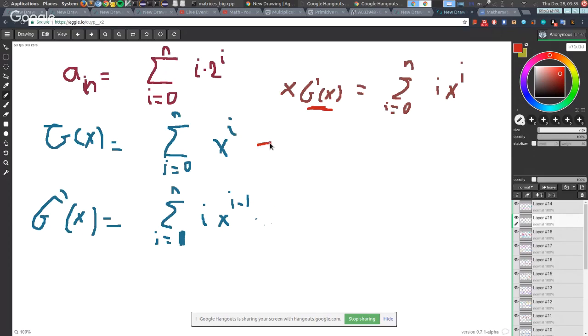But here this is a geometric series, so we have this is equal to x to the power n plus 1 over x minus 1.